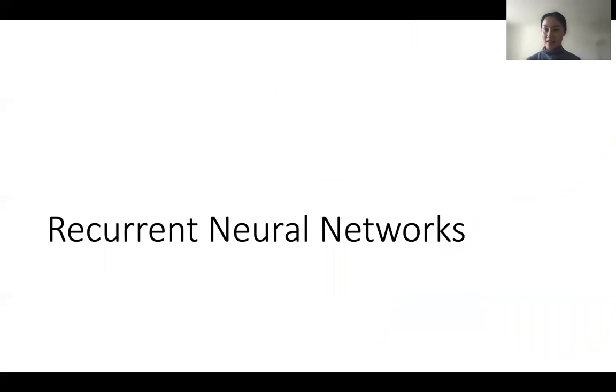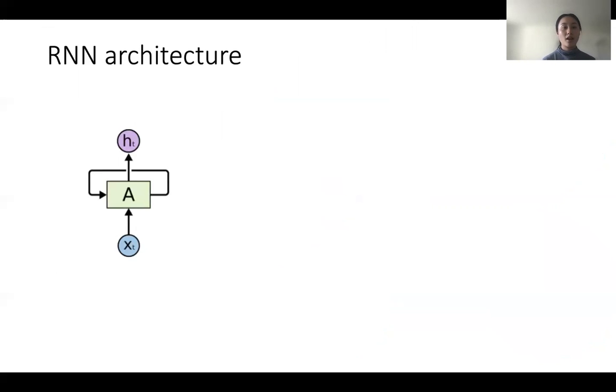So let's finally talk about recurrent neural networks. This is the architecture of an RNN. It has the same architecture as other neural networks: an input, some hidden layers, and an output. But what's special about an RNN is that information flows out of the network and then goes back into the network again.